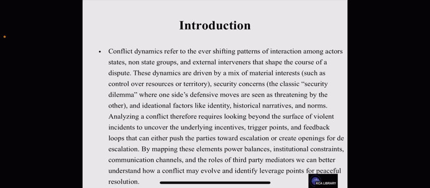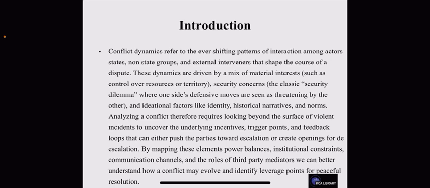Here, conflict dynamics refer to the ever-shifting patterns of interaction among actors, state, non-state groups, and external interveners that shape the course of a dispute. These dynamics are driven by a mix of material interests, which could include control over resources or territory.